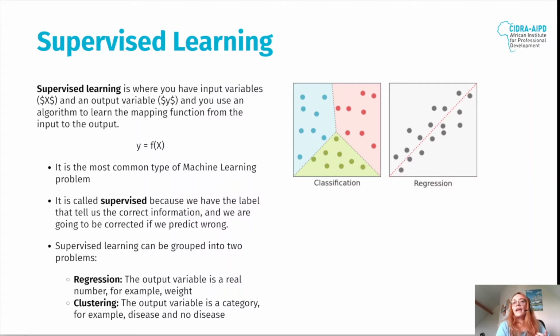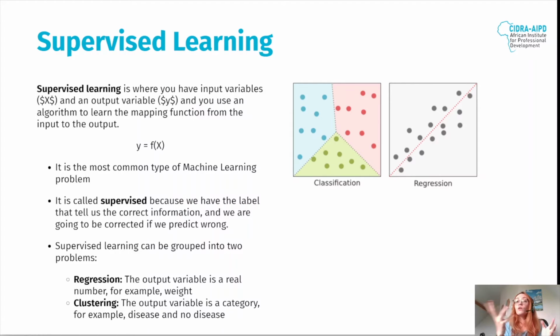Or you can have what we call regression. The main difference between classification and regression is that in classification, your response variable is going to be a category, but in regression, your output variable is going to be a real number, for example, weight.